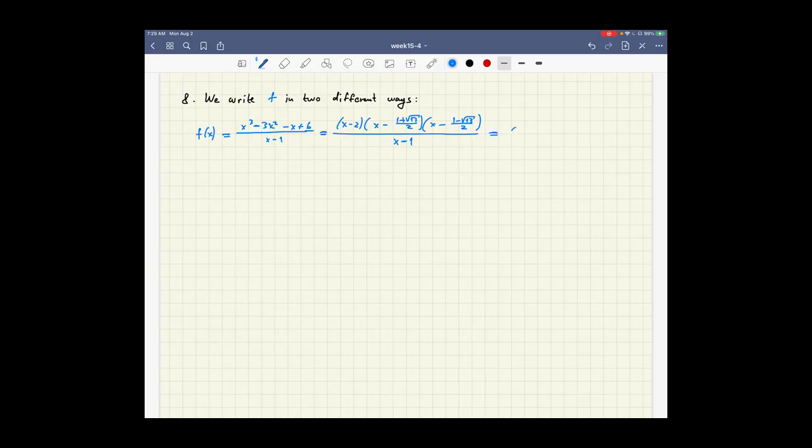And the other way to write f we know is x minus 1 squared minus 4, that's p, plus q, which is 3 over x minus 1.